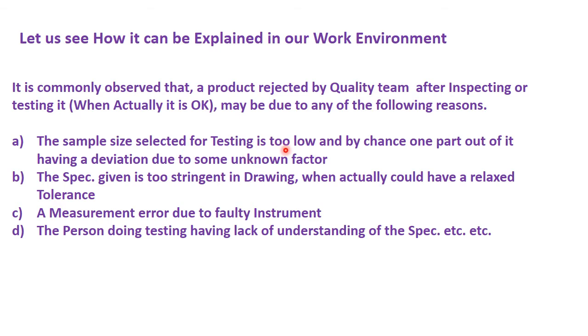The sample size selected for testing is too low. The spec given is too stringent in the drawing when actually it could have a relaxed tolerance. A measurement error due to a faulty instrument. The person doing testing having a lack of understanding of the spec, etc.